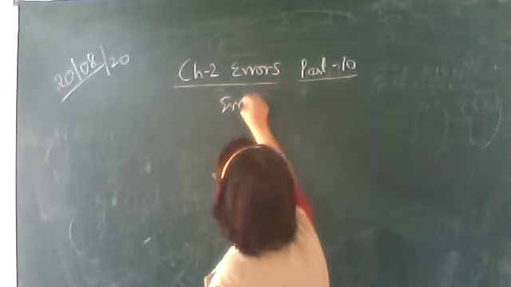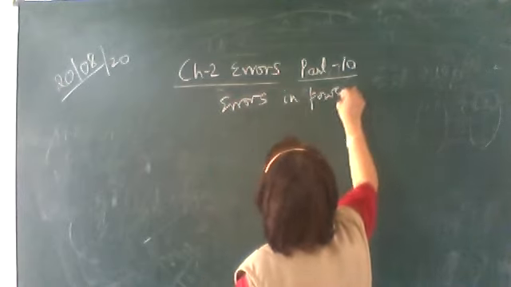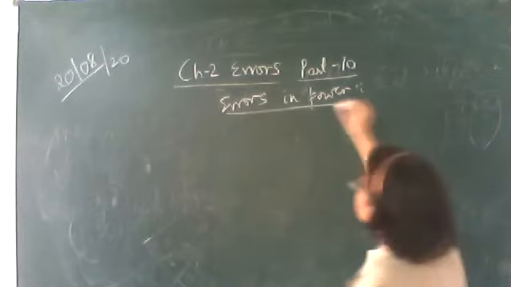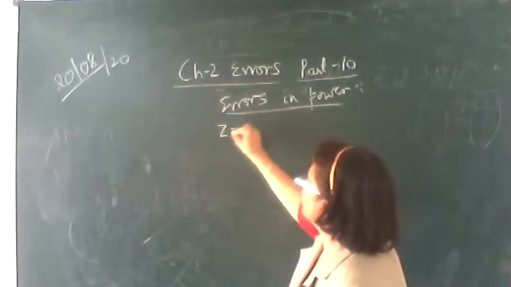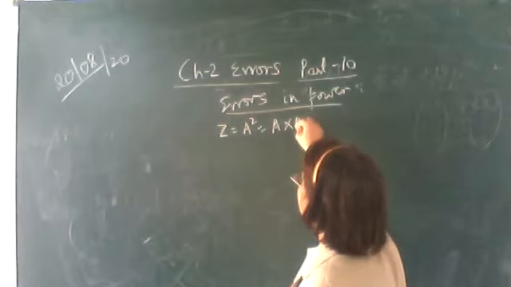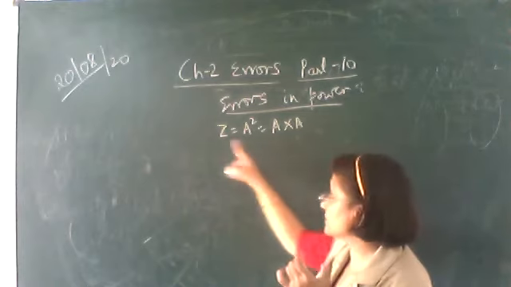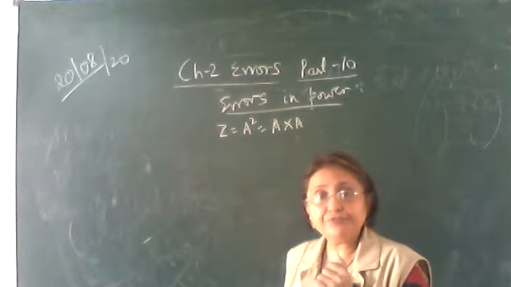So the errors in power. Let Z is equal to A square. A square can be written as A into A. So it is the product of two quantities, and whenever it is a product, which error do we find out?